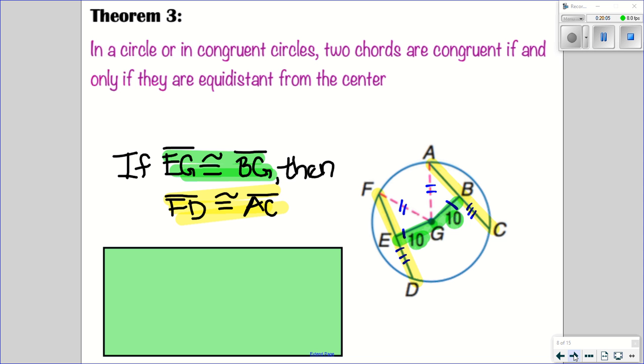And then the third theorem states that in a circle or congruent circles, two chords are congruent if and only if they are equidistant from the center. So if they have the same distance from the center, then those chords will have to be congruent. So we did applications dealing with those three theorems.